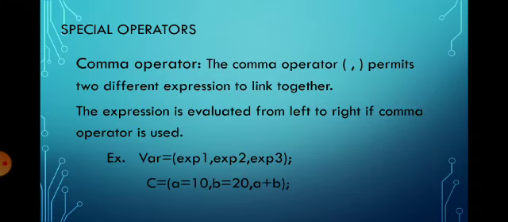Special operator. Special operators are the comma operator and the sizeof operator. The comma operator permits two different expressions to be linked together. The expression is evaluated from left to right if the comma operator is used. The syntax and the example of the special operator are given.